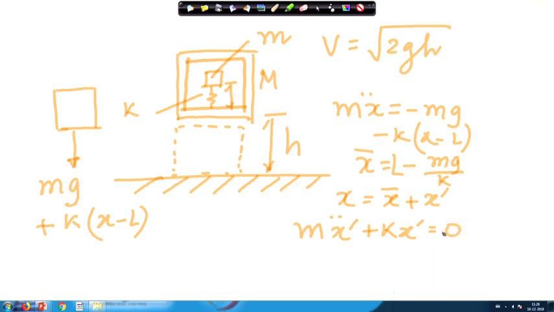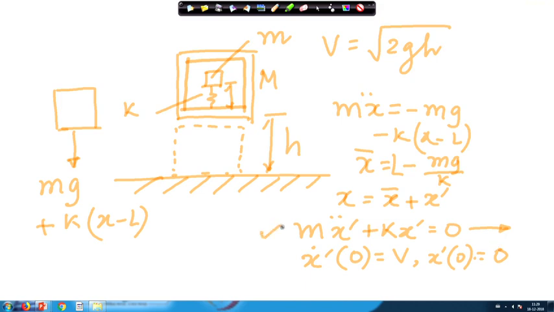Here you will see that this is the equation of motion of free vibration. What will be the initial velocity? x dash dot at t equal to 0 is equal to v, the velocity with which it is touching the ground, and the displacement x dash at 0 is, let us say, 0.